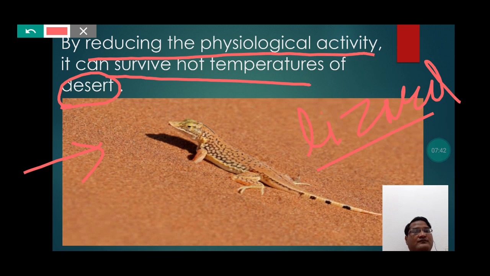The important physiological activities like the rate of circulation of blood, the rate of respiration, excretion, digestion, are actually reduced in the lizard so that the lizard can survive in the hot temperature of desert.